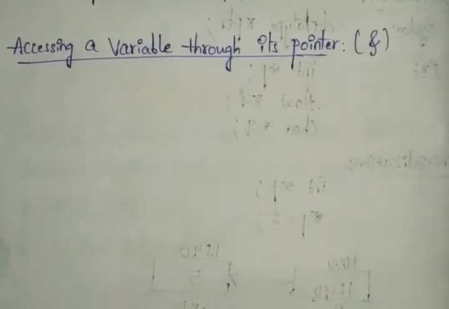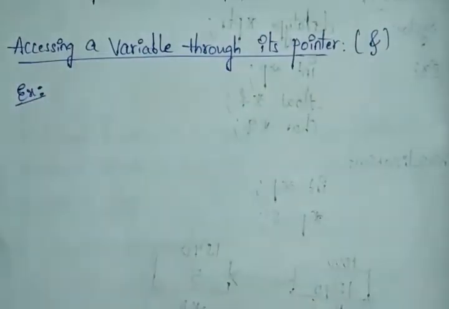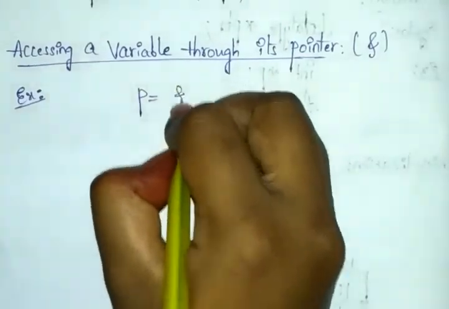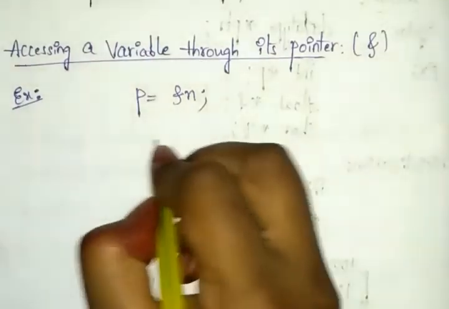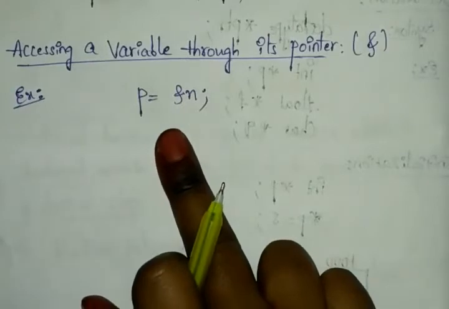And next you can see, for example, how we are accessing this. For example, I am taking p is equals to address of n. P is equals to address of n. The p here means pointer variable.